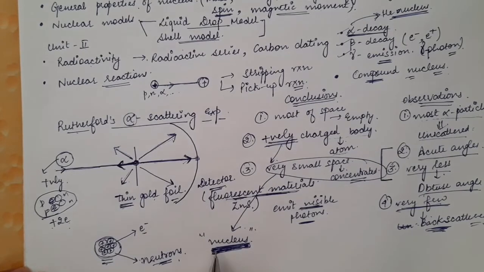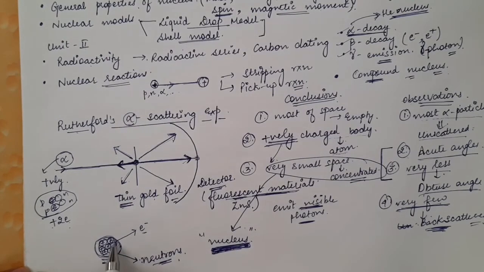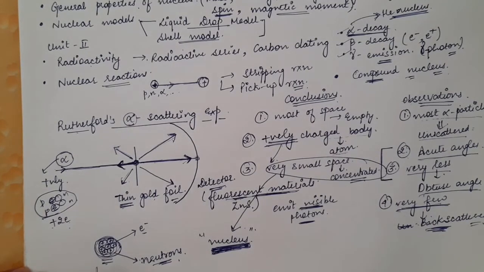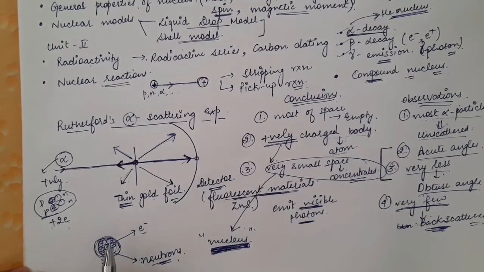This question arose because if there are only positively charged particles inside the nucleus, they cannot stay together in such a small space. They are so closely packed that due to Coulombic repulsion they would be repelled and the nucleus should explode. But this doesn't happen. The nucleus does exist, it doesn't collapse.